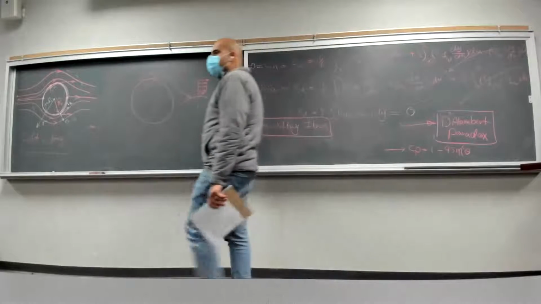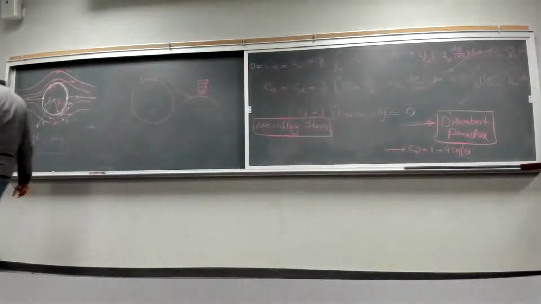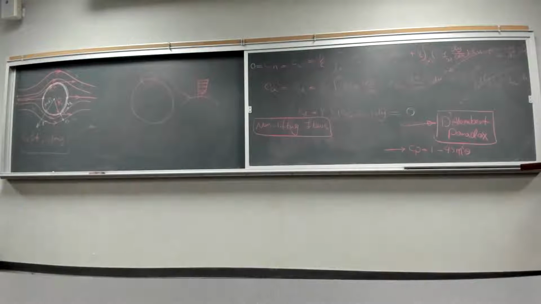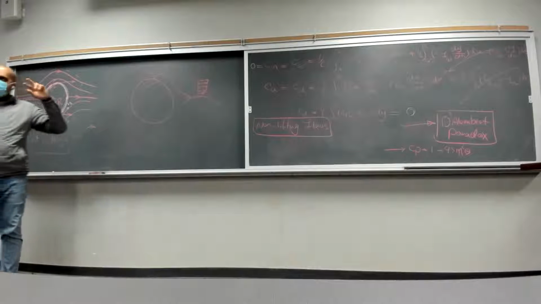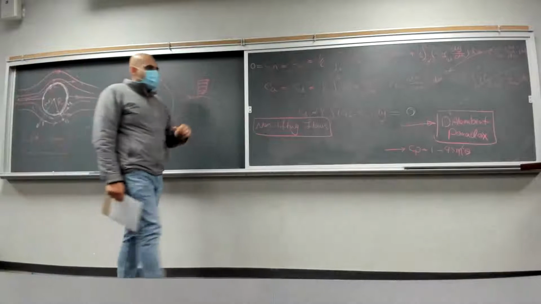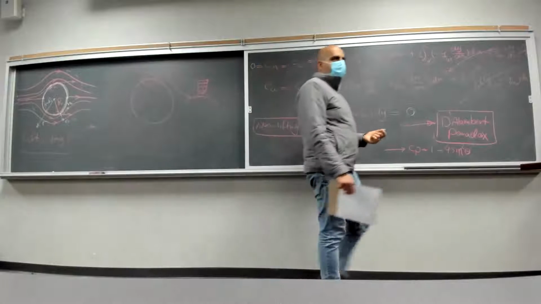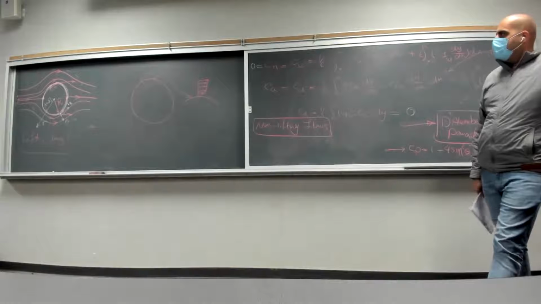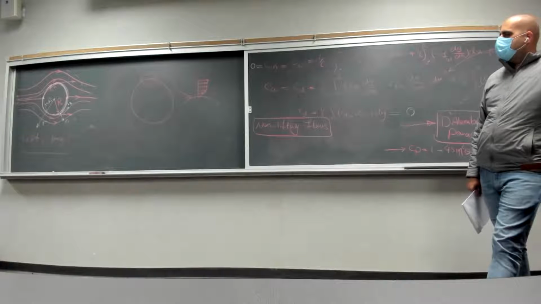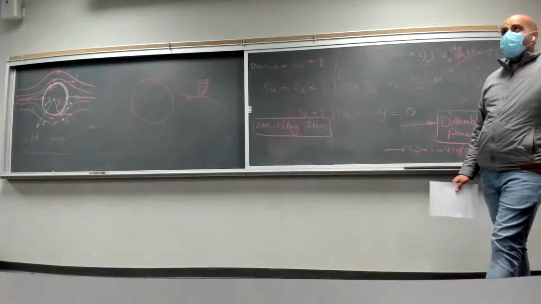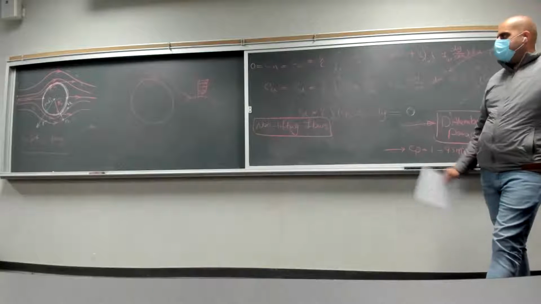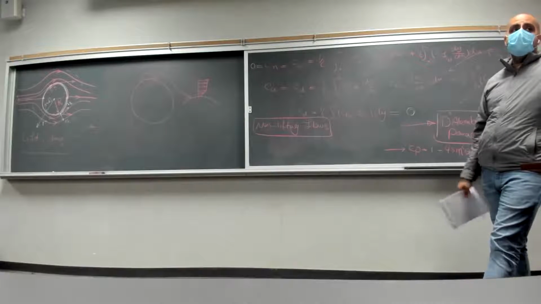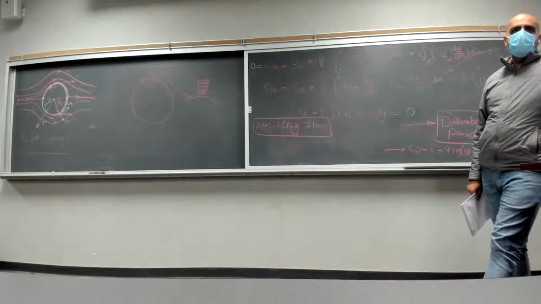But we didn't include these in our analysis here. We didn't include the boundary layers. We decided that the flow on the wall is going to be non-zero. We're going to have a finite velocity, which is not the case if you are having a no-slip condition. We have talked about these conditions a little bit. So the reason that we don't really see any drag here is because we are removing a very important physical phenomenon.